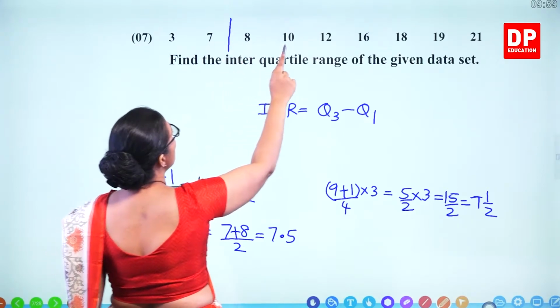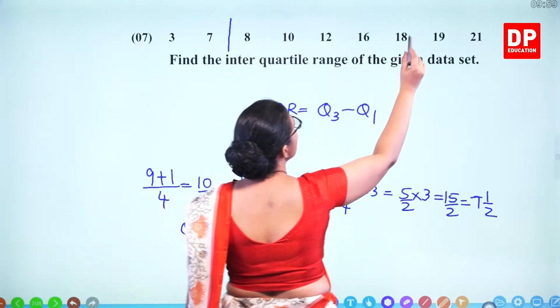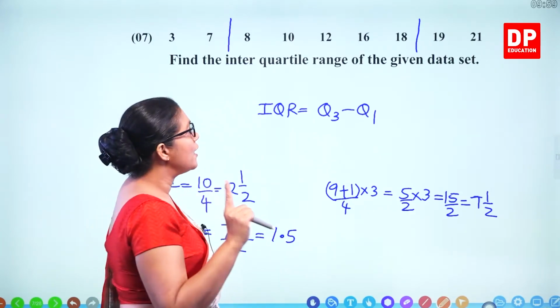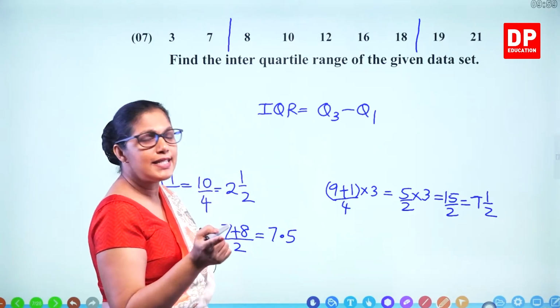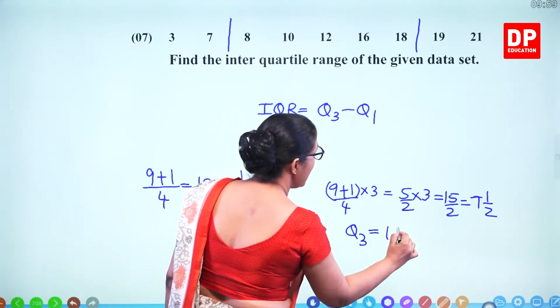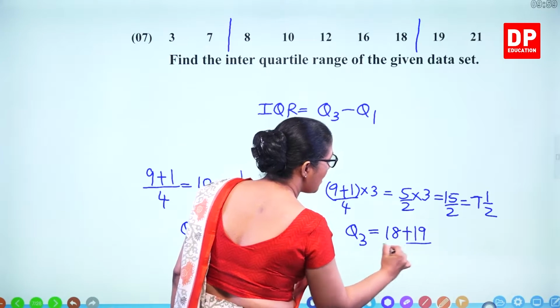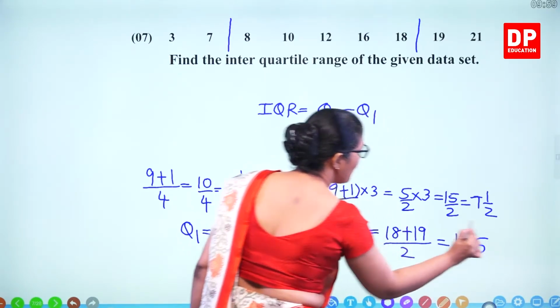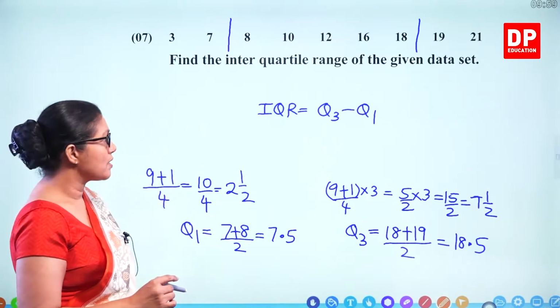So the mid value of 18 and 19. So Q3 is equal to 18 plus 19 divided by 2, 18.5. Now you know the first quartile and the third quartile.